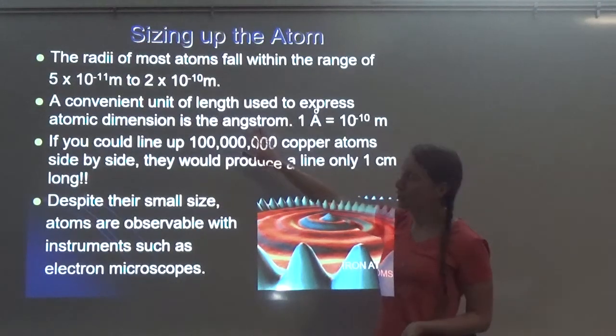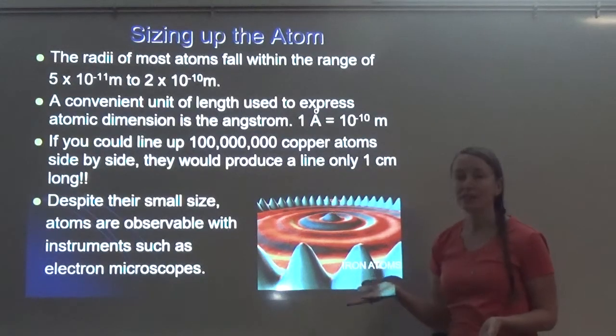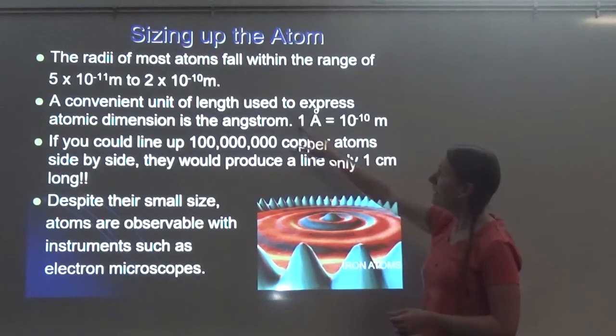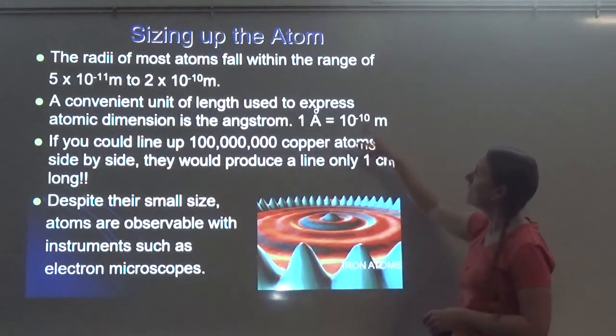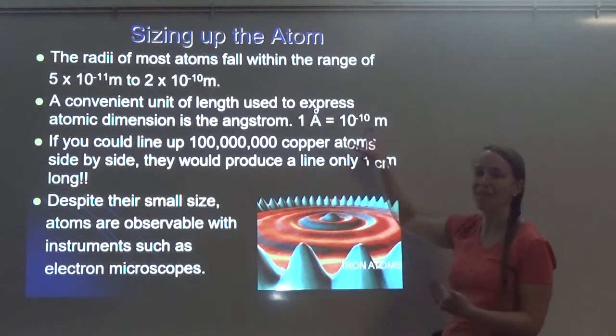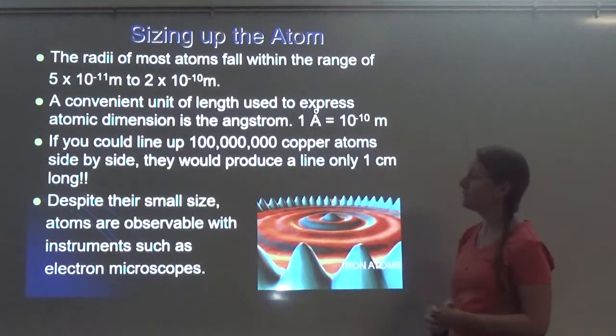That's a different unit that's not on our SI prefixes sheet, and it's just a convenient length for the radius or diameter of an atom. So 1 angstrom, written as an A with a little degree sign above it, equals 10 to the negative 10 meters. If you remember back to our SI prefixes sheet, we didn't have a 10 to the negative 10. We had a 10 to the negative 9 and a 10 to the negative 12. So angstroms is just in the middle of that.